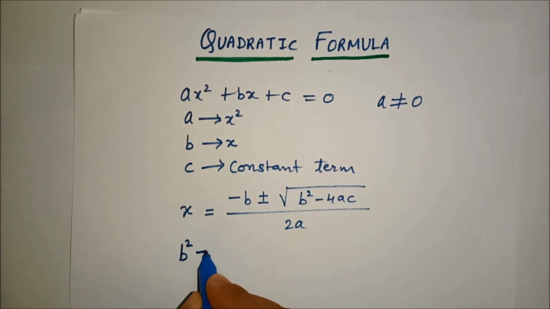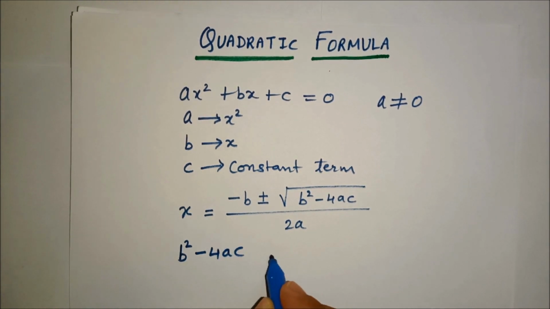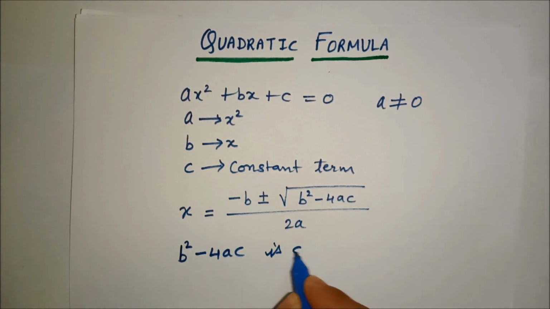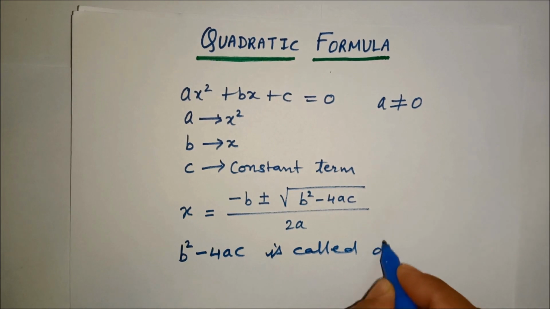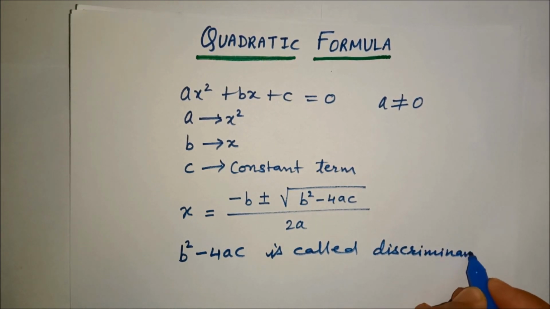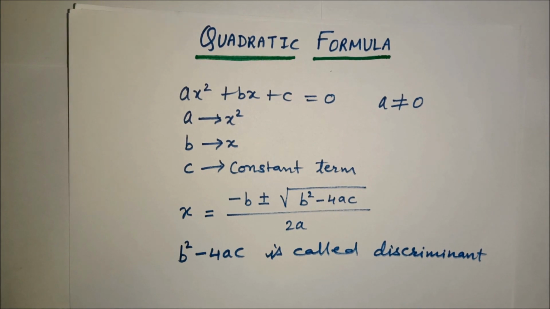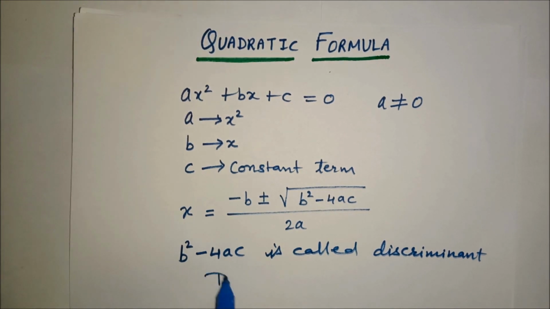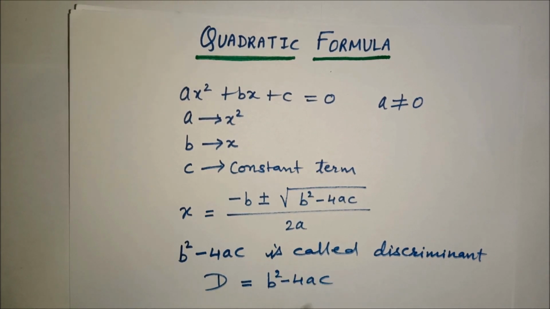b² - 4ac is called the discriminant, and it is denoted by capital D. D = b² - 4ac.